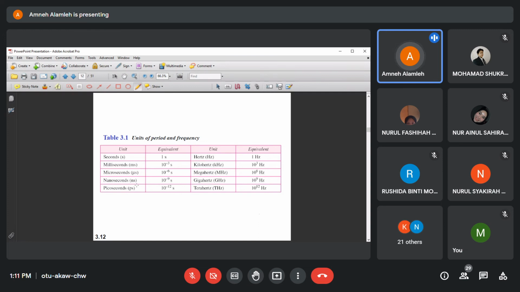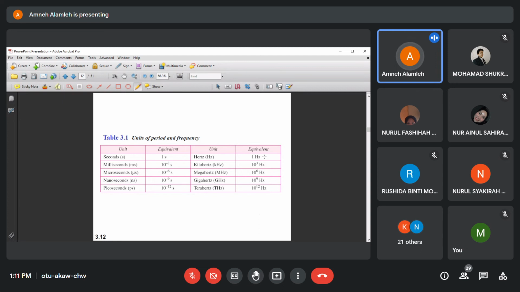And we have the nanosecond, 10 to the power minus 9 of the second, and the picosecond, which is 10 to the power minus 12 of the second. This is for the period. What about the frequency?